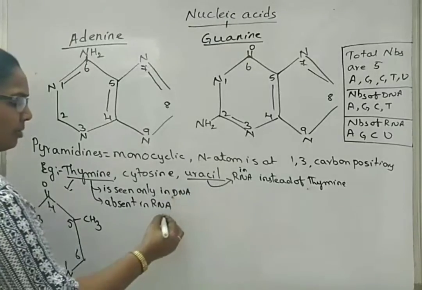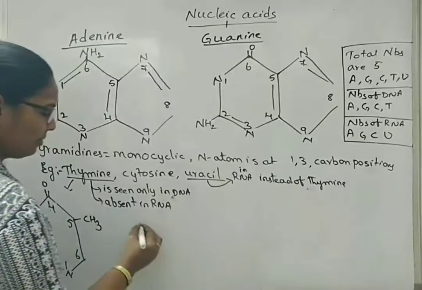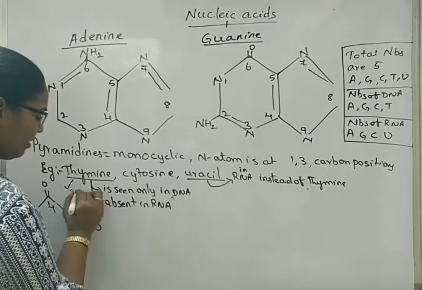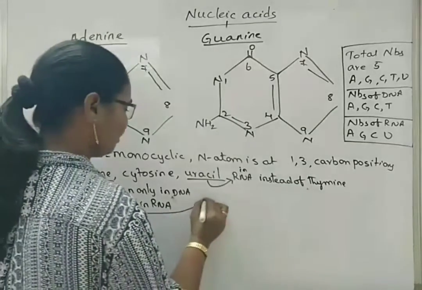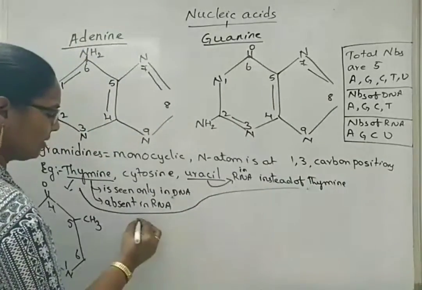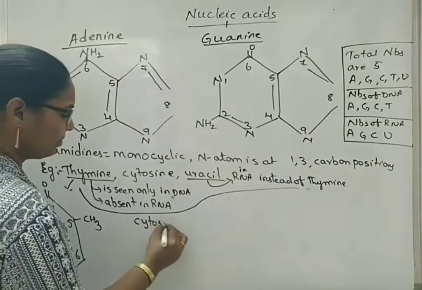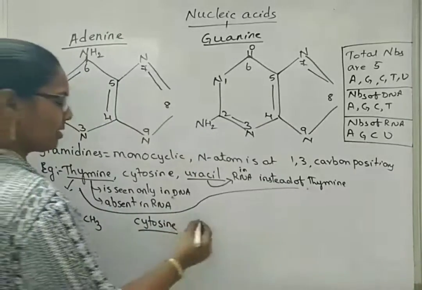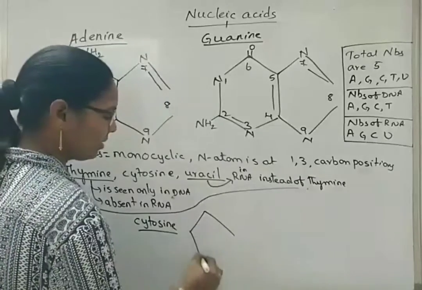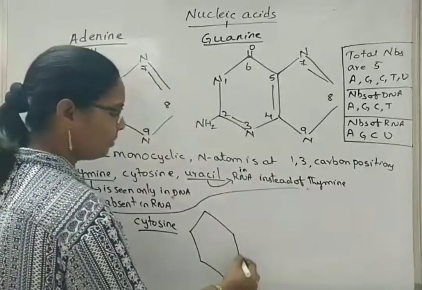Next, coming to cytosine. What is its structure looking like? Again, benzene ring.